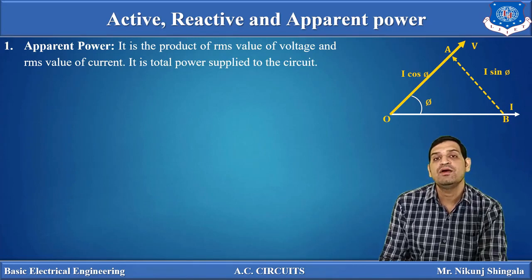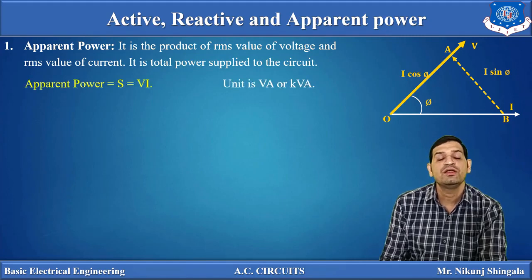The apparent power of the given circuit is given by S equals V into I, where V and I are the RMS values of the voltage and current respectively. The apparent power is measured in volt ampere or kilovolt ampere. Transformer specifications are always given in terms of VA or kVA.